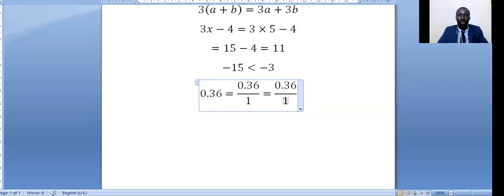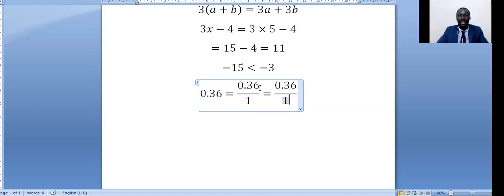The next thing you want to do is to multiply the numerator and the denominator following some rule. And what is the rule in this case? Well, for every number which comes after the decimal point, you multiply by 10. So to move the decimal point from here to this point, we multiply by 10. Then from this point to this other point, we multiply by 10.